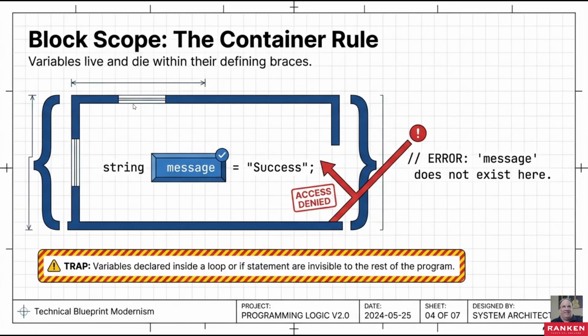Block scope, the container rule. Variables live and die within their defined braces. So this is very important. Like for methods, we have an on-click event. When you define a variable in that on-click event, once that on-click event finishes, that variable you defined there is gone, okay?